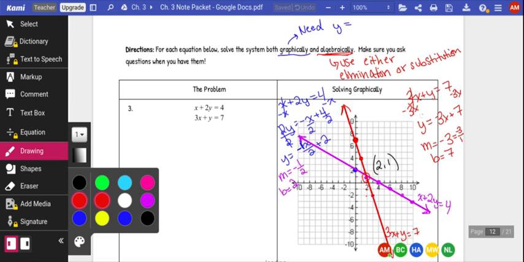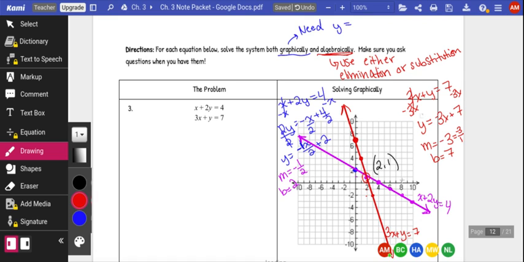I don't mind which way, but you're going to do elimination or substitution for that one. Okay? So, that's what you would do over here. Now, you already have a video on those.